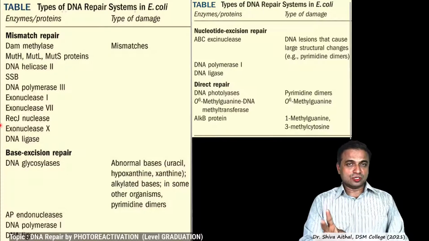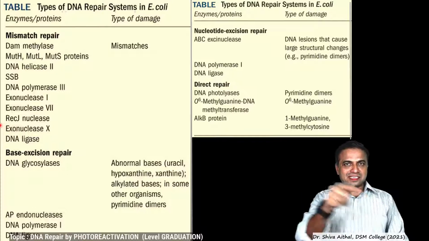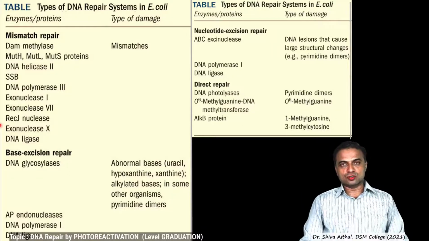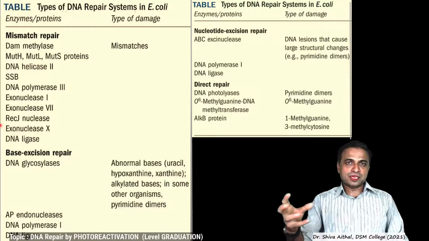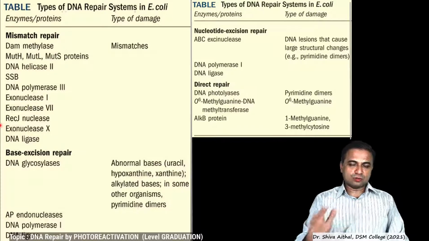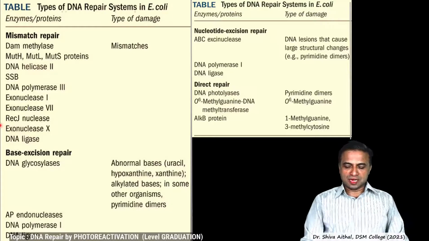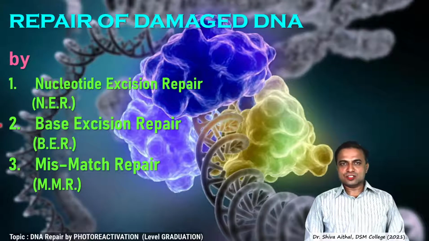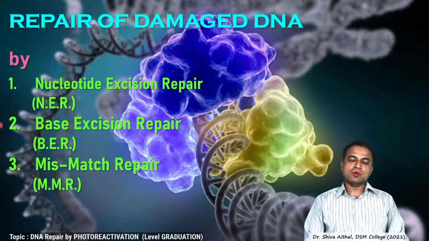Not only that, AT and GC base pairing has to be restored, but the sense of the strand also has to be restored. If there is a complete shift in the reading frame, if the reading frame makes no sense, then that also has to be reversed, and that is effectively done by these enzymes. So my next lecture will be on repair of damaged DNA by nucleotide excision repair, base excision repair, and mismatch repair, all in one. In the next lecture this unit will be over.